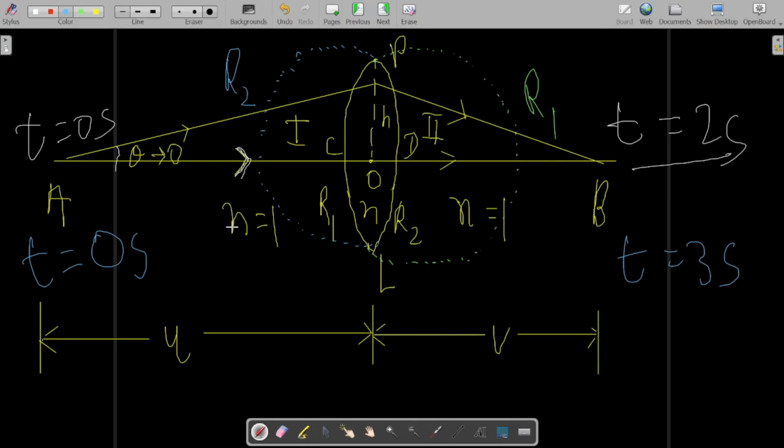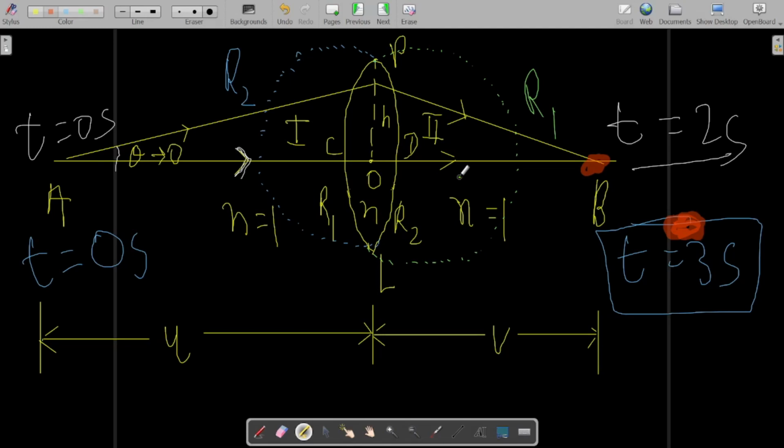So when AOB reaches over here at 3 seconds, the t equal to 2 second ray, that is the PB ray, might have already come somewhere over here. So if APB is faster than AOB, then what will happen? Your rays will never meet at point B.